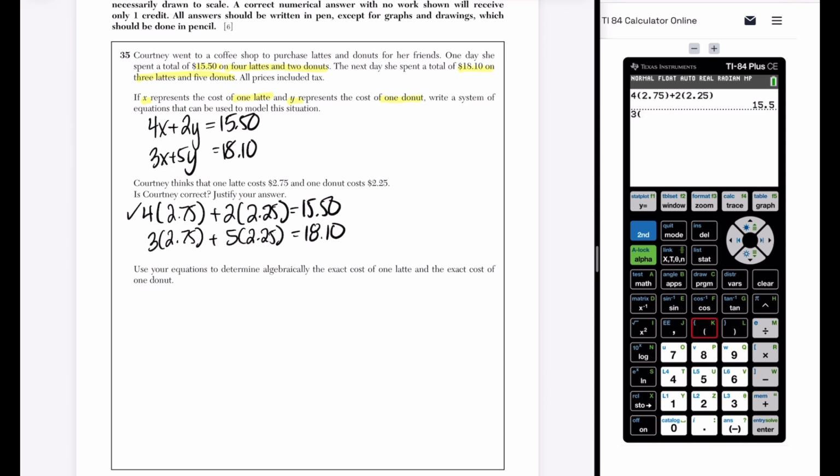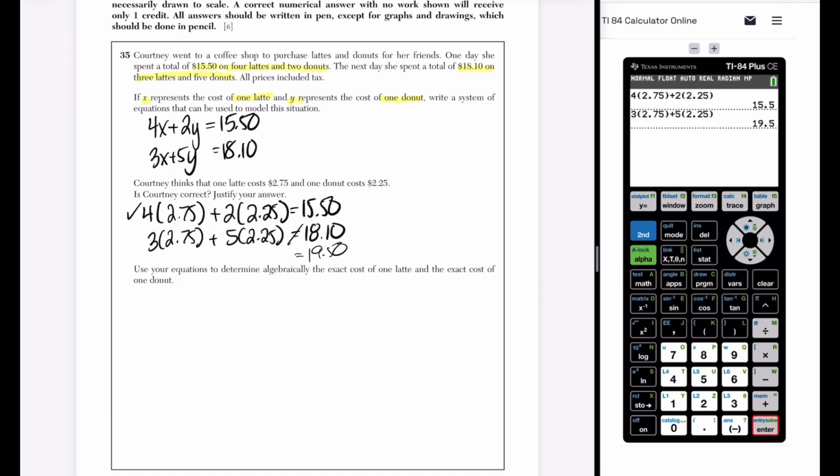So we do the same thing. And this part is a no. We end up getting $19.50.